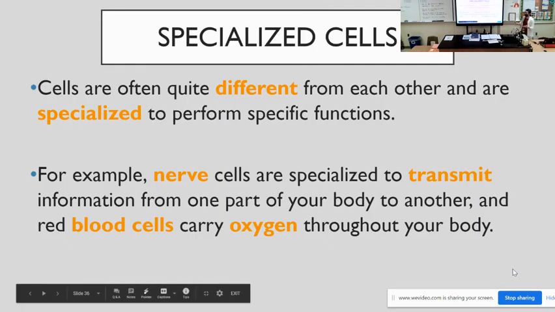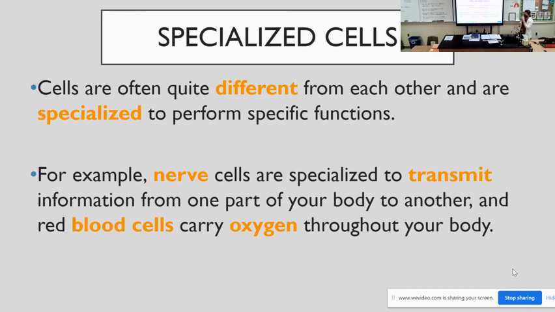Now, within our body then, we have specialized cells. Okay, so based on all of those organelles that create our cell structure, and the components of the cells, cells are still different, and they're specialized, or they have a certain set of instructions to follow to complete certain tasks.